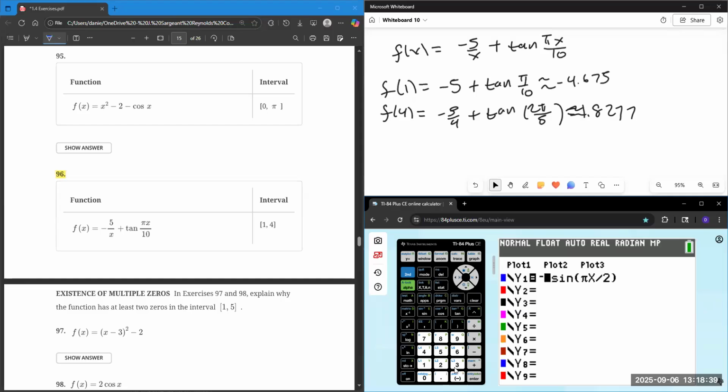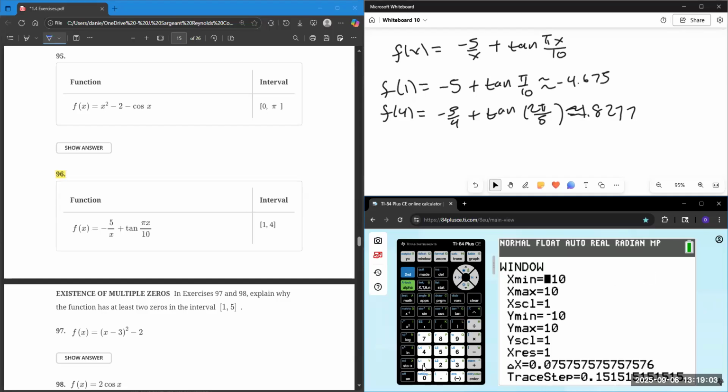So -5 over x plus tangent of pi x over 10, and I'm going to set my window here to be from 1 to 4.